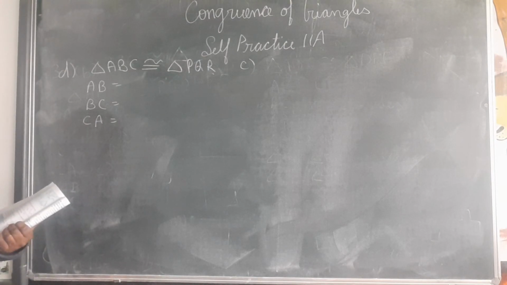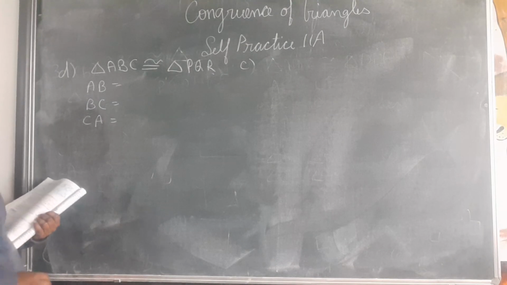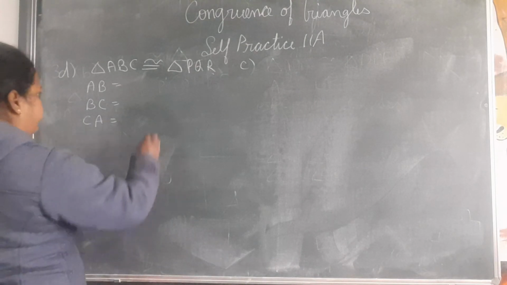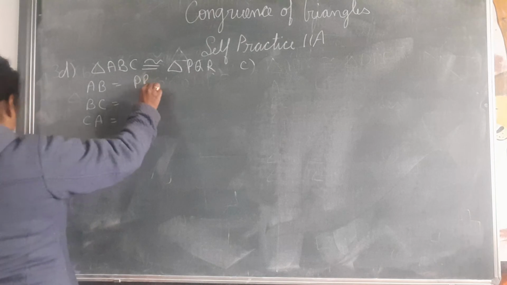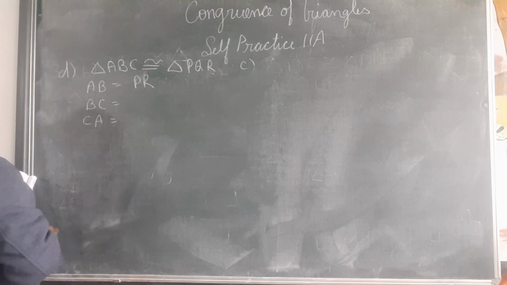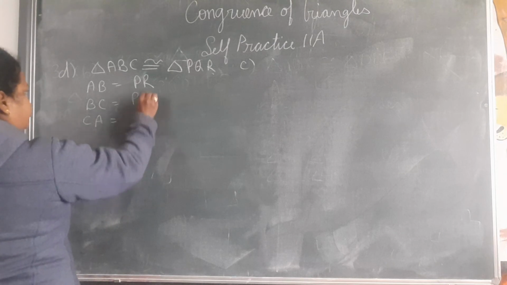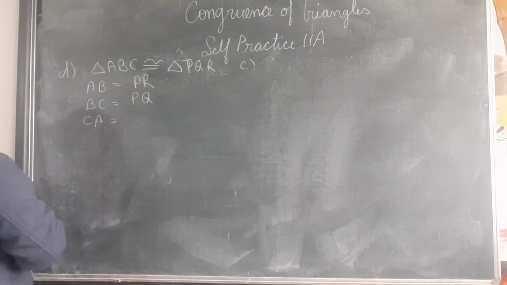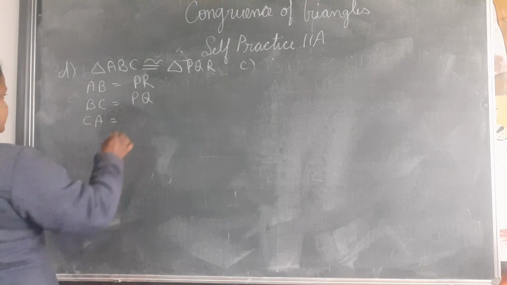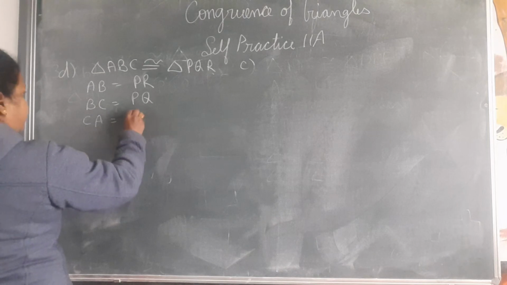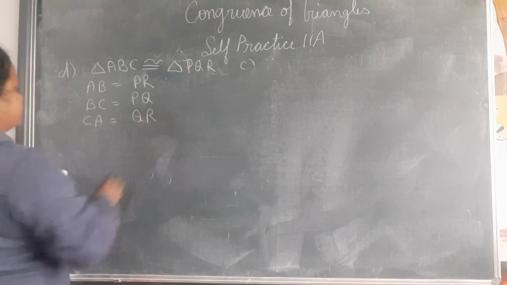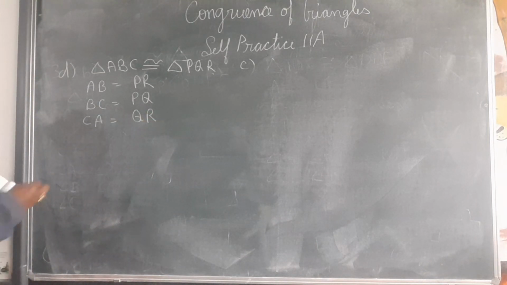AB is equal to PR, BC is equal to PQ, and CA is equal to QR.